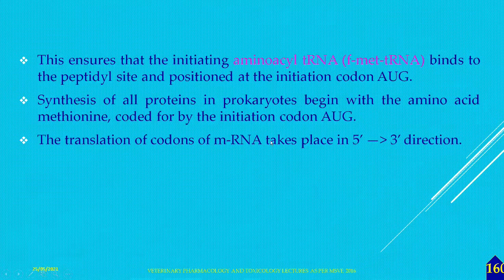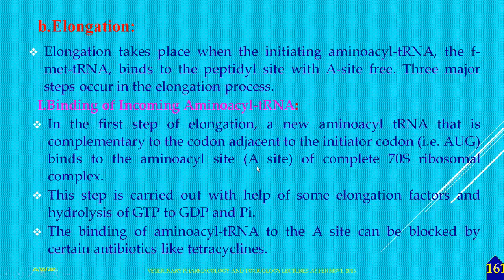The elongation process takes place when the initiating amino acid tRNA, the F-met tRNA, binds to the peptidyl site, and the A site is free. Three major steps occur in the elongation process. Number 1, binding of the incoming amino acid tRNA. A new amino acid tRNA that is complementary to the codon adjacent to the initiator codon AUG binds to the amino acid A site and completes the 70S ribosomal complex.